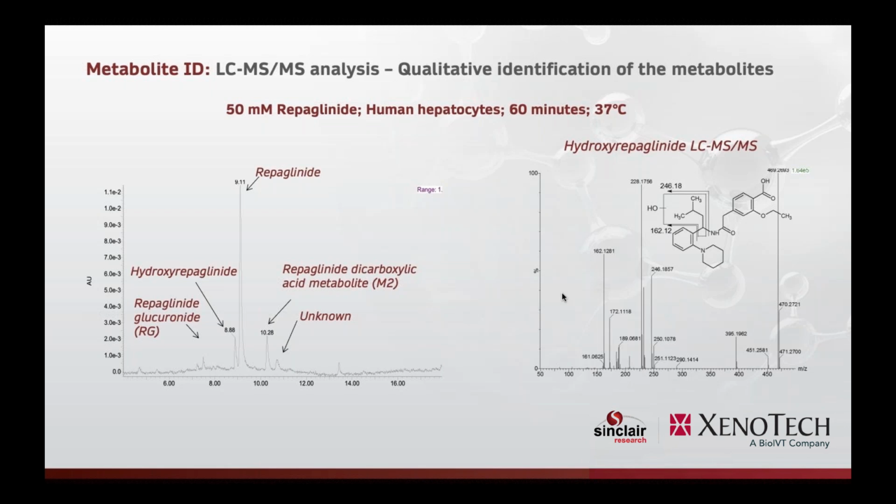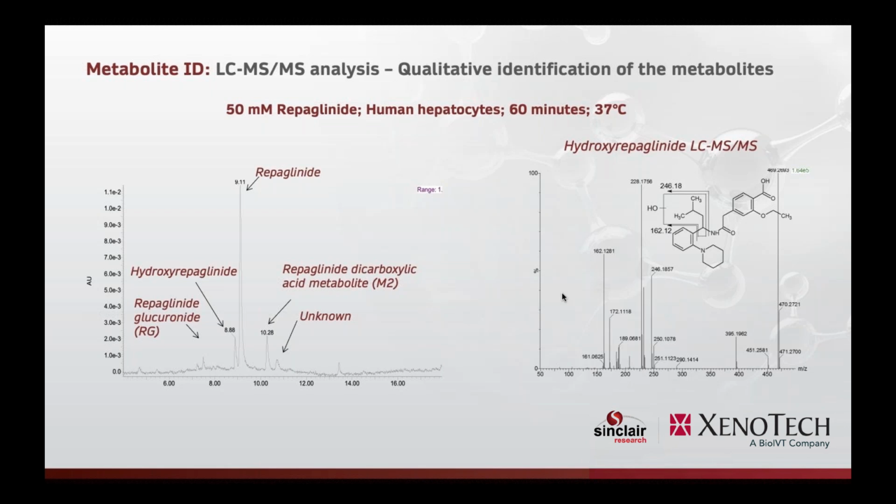Another way to make the study quantitative would be to use a radio-labeled parent compound. And if we have a radio-labeled parent compound, and assuming that the radio label stays on the metabolites, then we're able to quantify the metabolites.